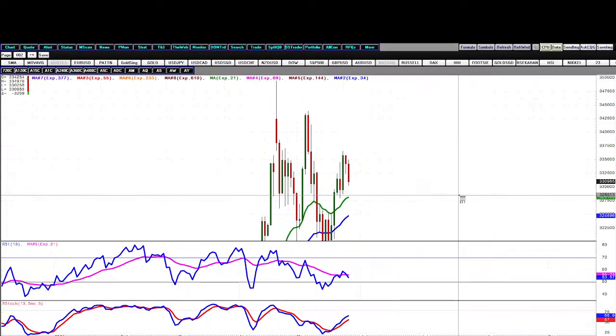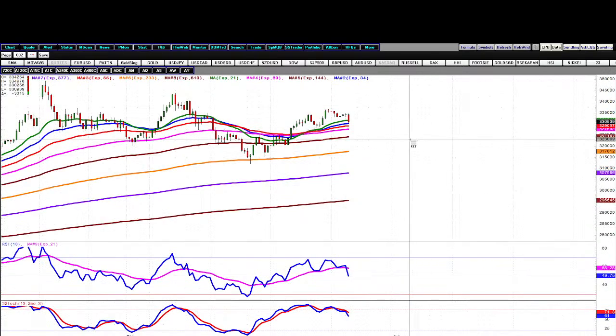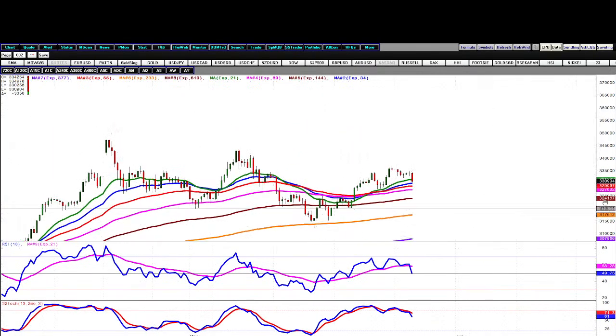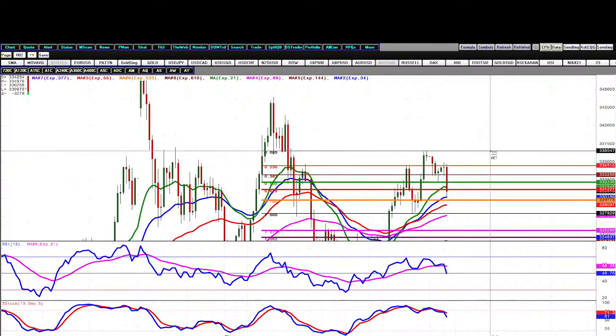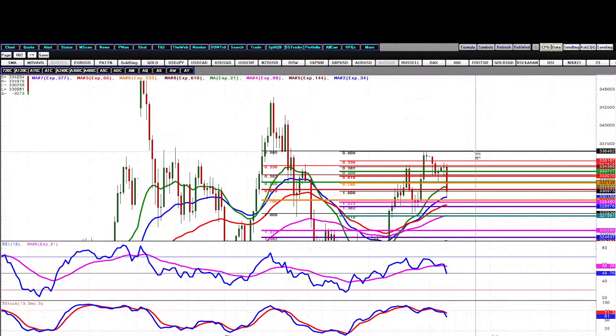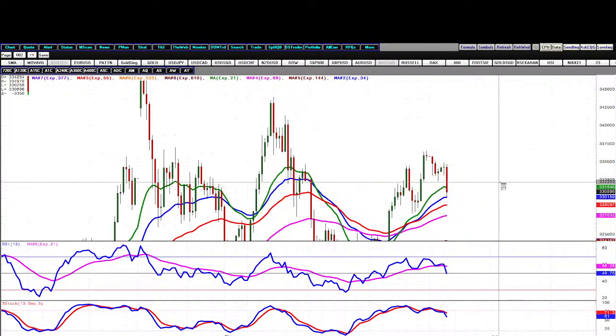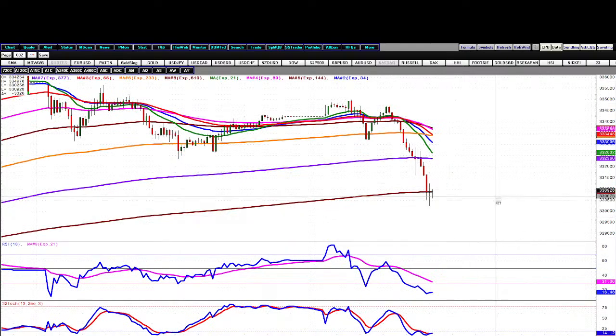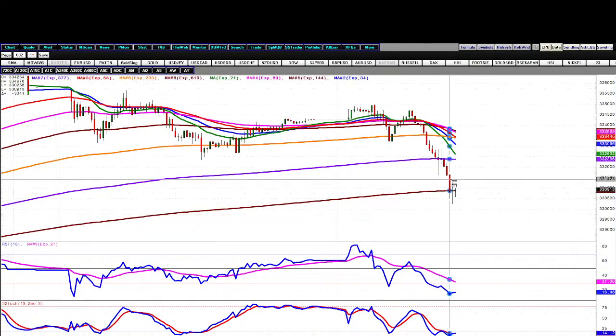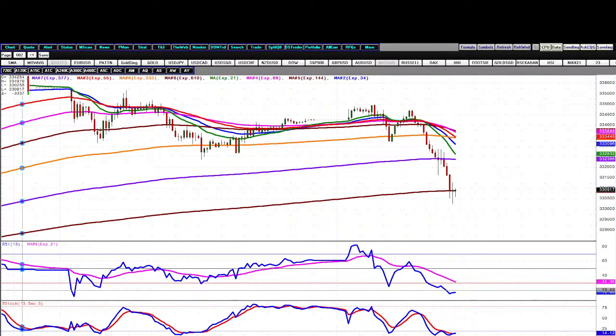Okay, so this is the target, and since the hourly is coming down, and we are expecting this weakness for another 2 hours, 2 hours, so we can go for a sell.